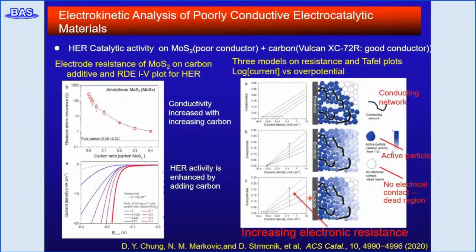Therefore, this third model can explain the experimental data. That is, there are some sites that are electrode inactive because of the high contact resistance between the carbon and molybdenum sulfide.